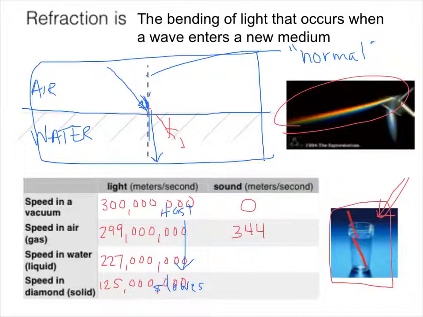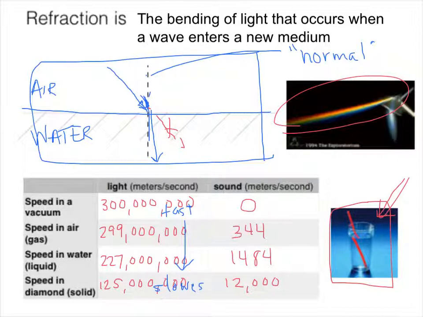In water, well, water is a more dense medium than air, and so sound travels through water at a speed of 1,484 meters per second. And for comparative purposes, not that I put my ear up against a diamond or talk into a diamond very often, the speed of sound in a diamond is 12,000 meters per second.